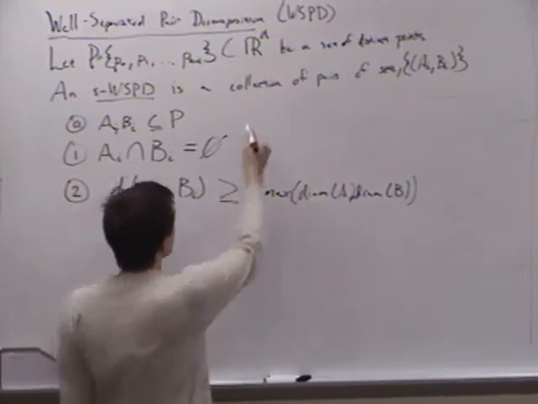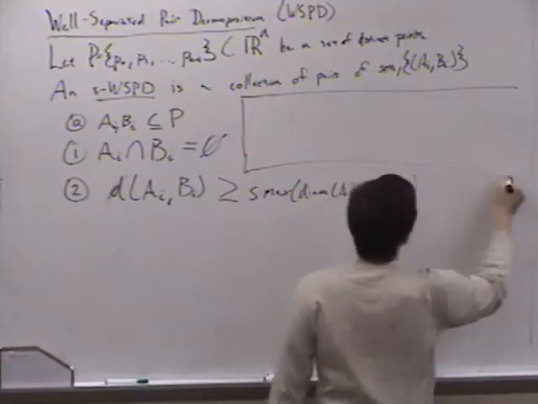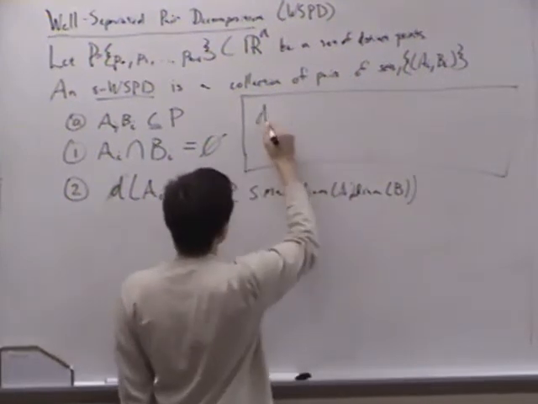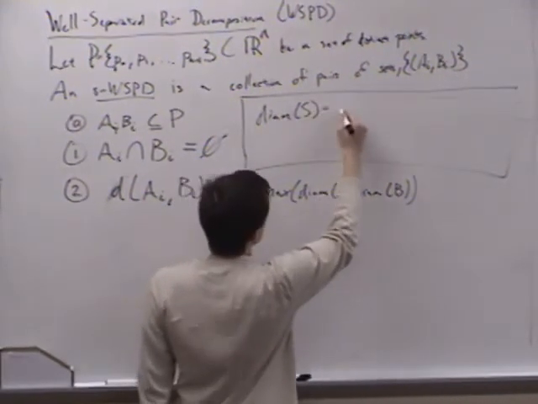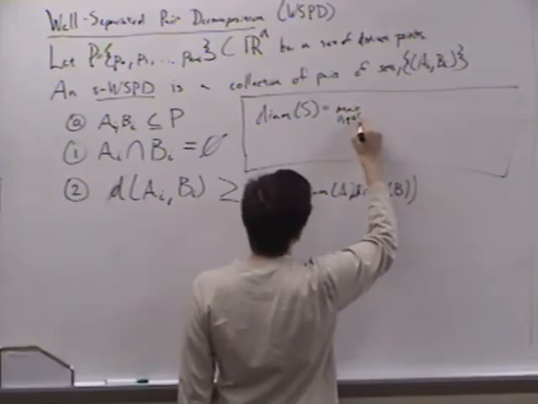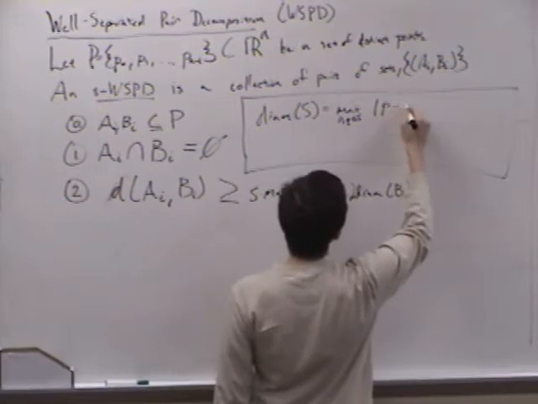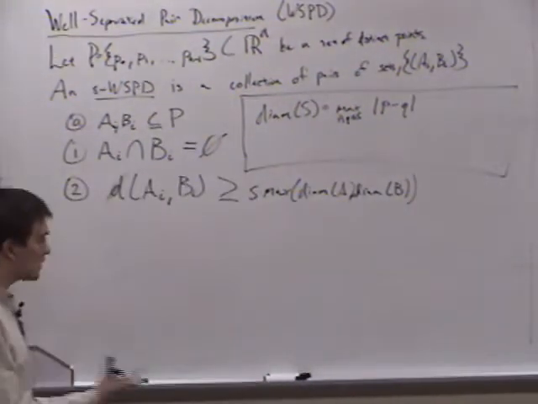As an aside, just to quickly recap, we should remember that the diameter of a set S is the maximum over all p, q in S of the distance |p - q|. So basically you find the farthest pair of points in the set S, that's the diameter, right?